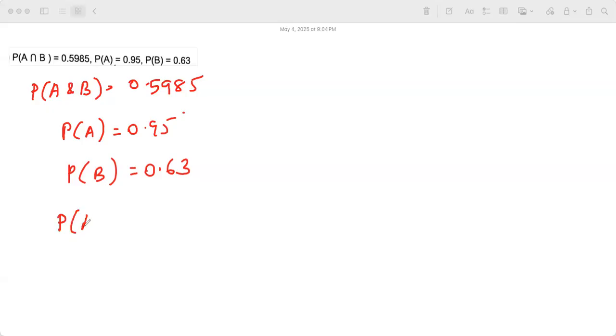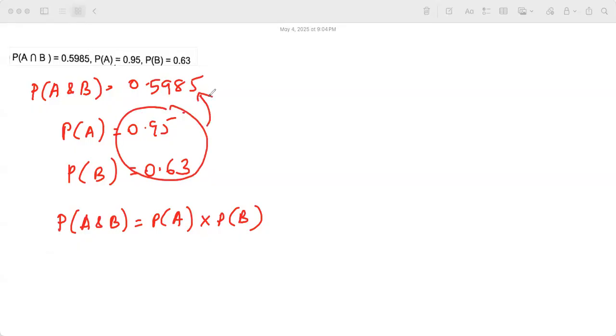Probability of A and B, if it is equal to probability of A times probability of B, then they are independent. You got it? So if the product is equal to this, then they are independent. Make sense?